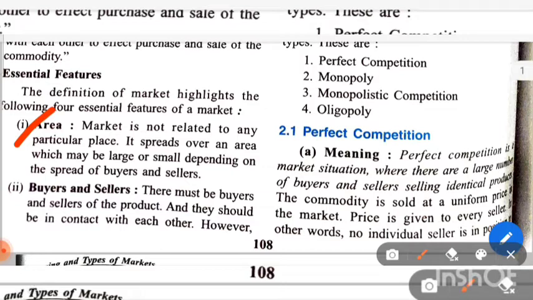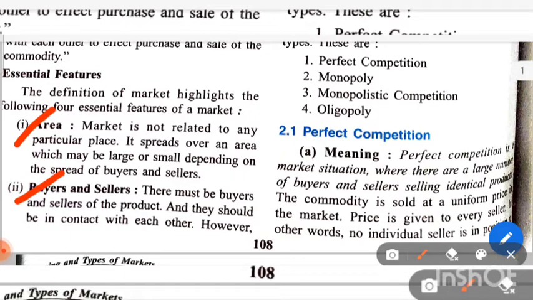Even if buyers and sellers are dealing with each other in a small place, with buying and selling going on, that is also known as a market. So a market is an area, and it doesn't matter whether it is large or small, but it depends on buyers and sellers, and it is where they deal.